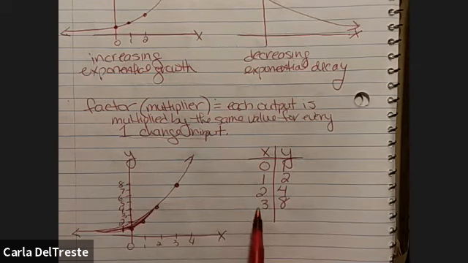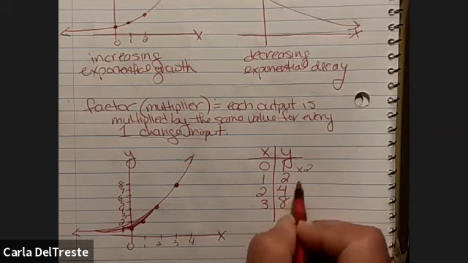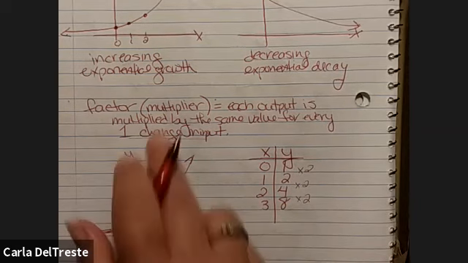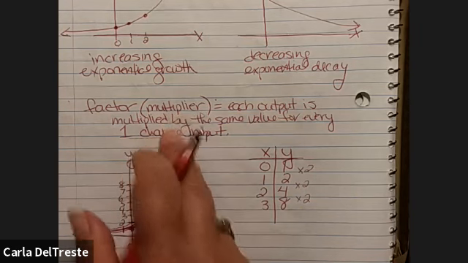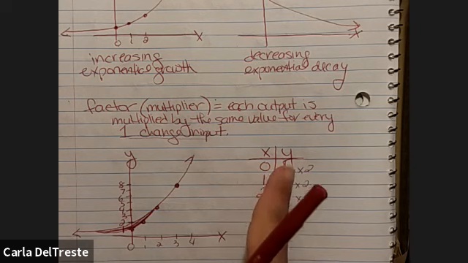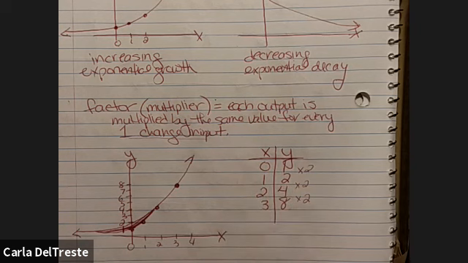I'm counting by ones. What's happening to the output? I'm multiplying by 2 every time. That's this idea of a constant multiplier, okay? Each consecutive output is going to be multiplied by the same number every time.